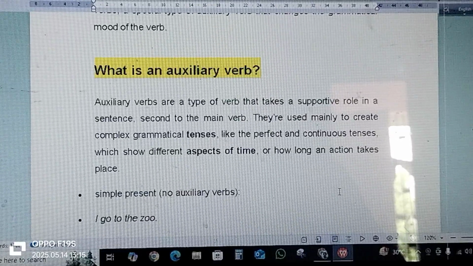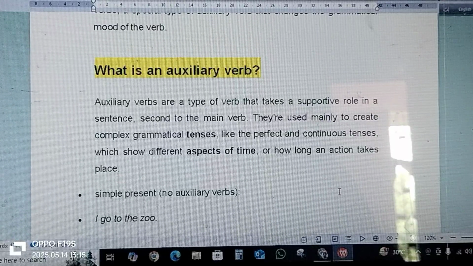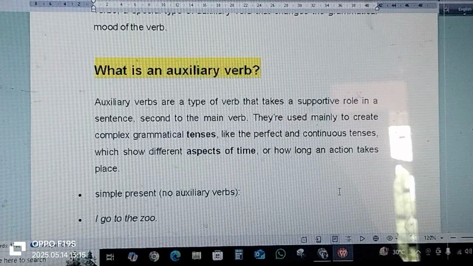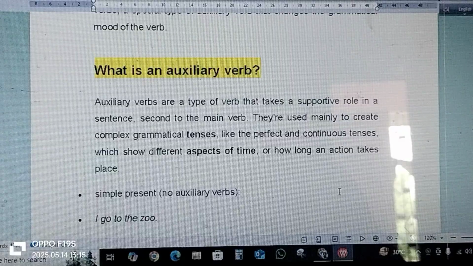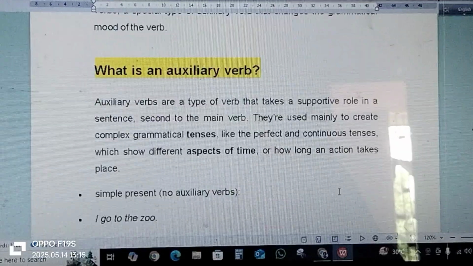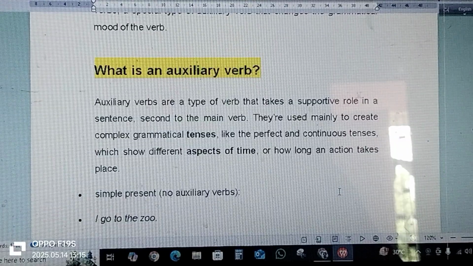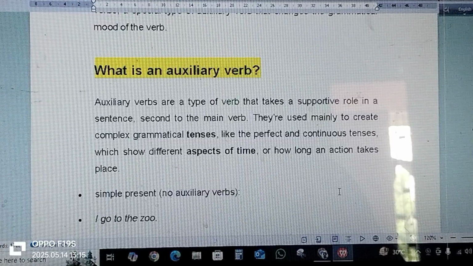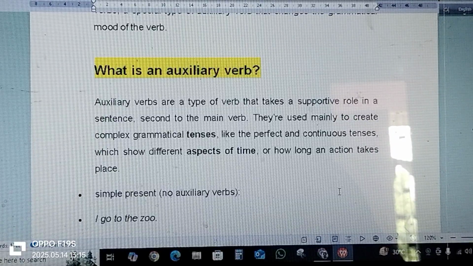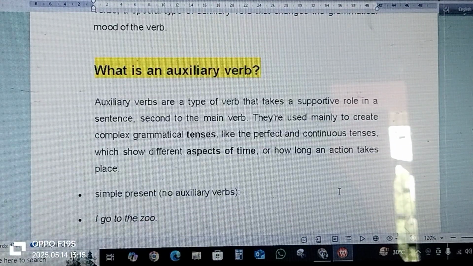As we know, in the formation of perfect tense and continuous tense, we have subject plus have, has, had plus V3. Or in continuous tense, we have subject plus be verb, that is am, is, are, was, were.